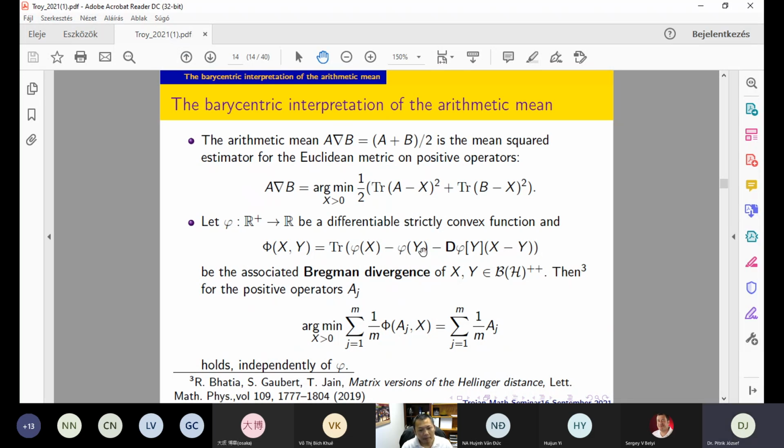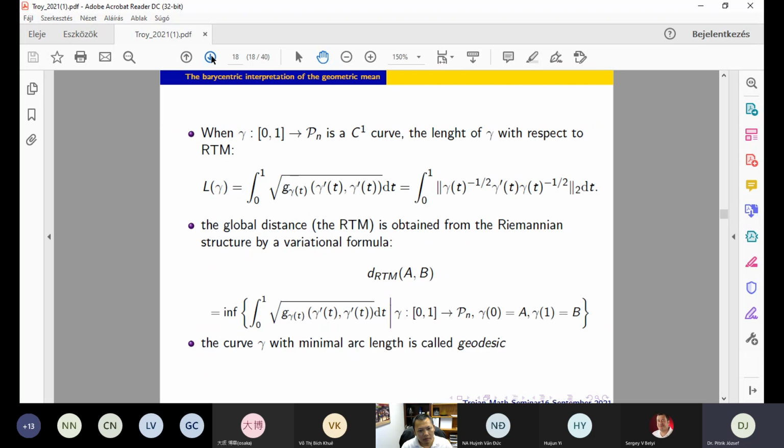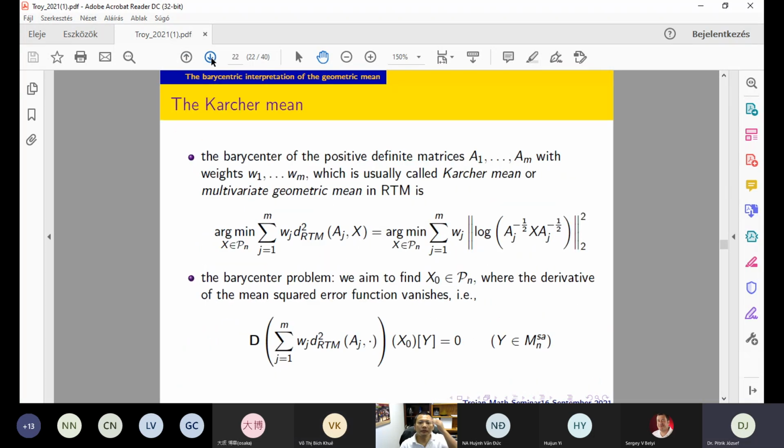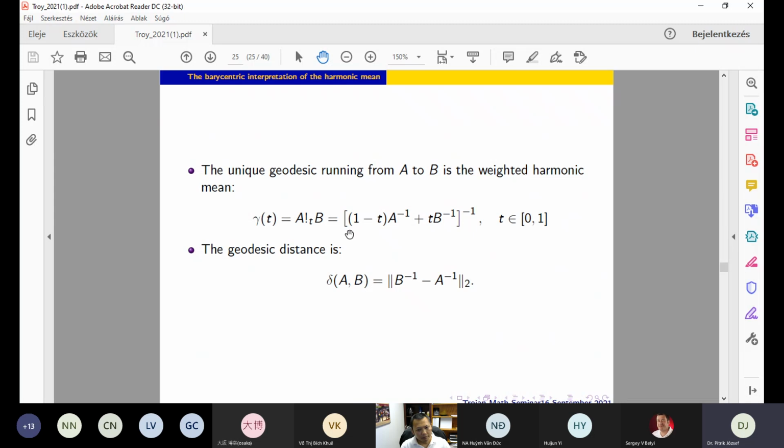When we find the barycenter with respect to Bregman divergences, we also have the arithmetic mean. In the Riemannian trace metric, the barycenters are the geometric means. And finally, when we look for the barycenter with respect to this other Riemannian metric, the barycenter will be the arithmetic mean.